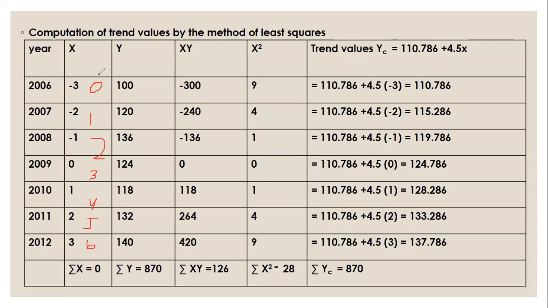When we assume x values like this, we are supposed to solve simultaneous equations, substitute the values, then find the equation. But if you are able to assume the x values like this, then we need not solve the equations by the simultaneous method. Now let us move on further and understand.